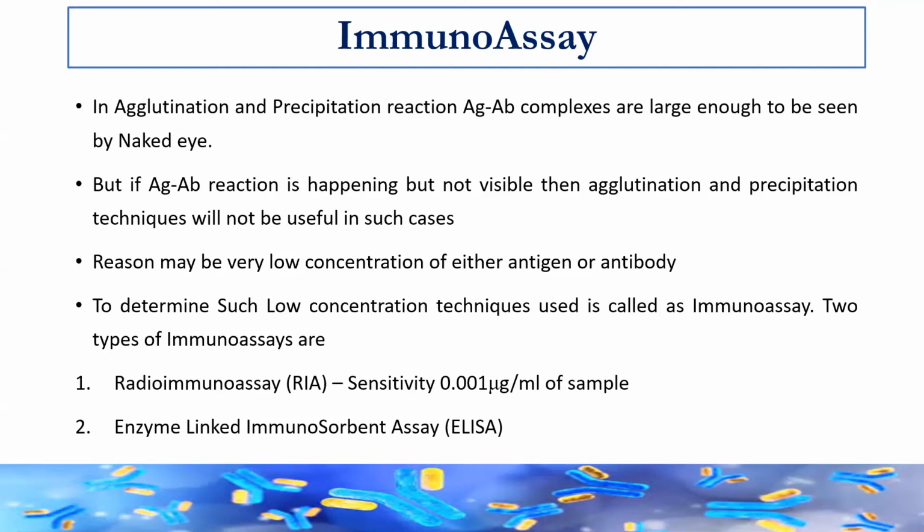For example, radioimmunoassay can detect antigen concentration as low as 0.001 microgram per ml, and ELISA can even detect concentration in picogram per ml. Meaning, both of these techniques are extremely sensitive and can detect the concentration of antigen or antibody at a very low concentration.